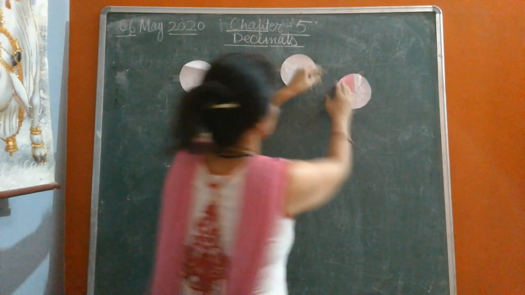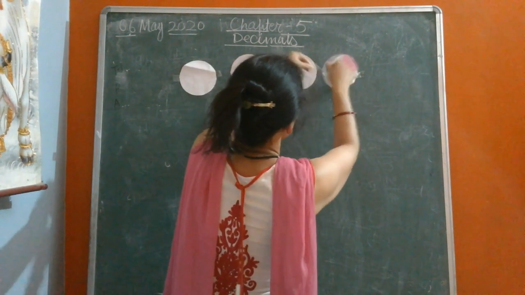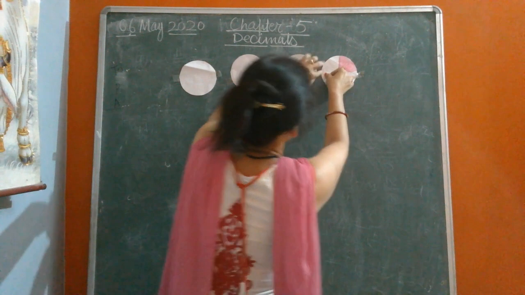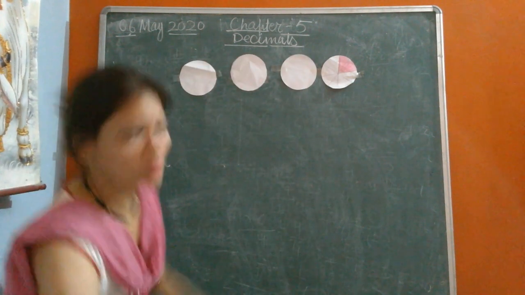These are 4 circles, and 3 circles are whole.